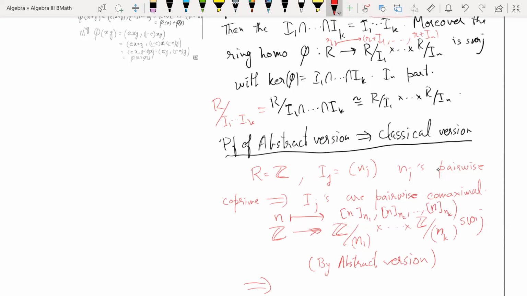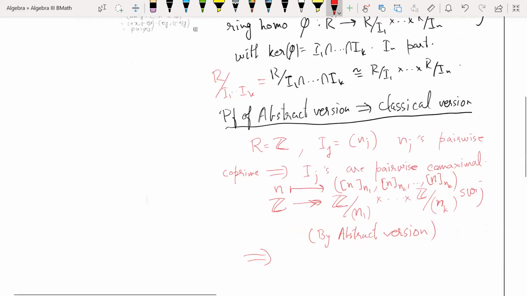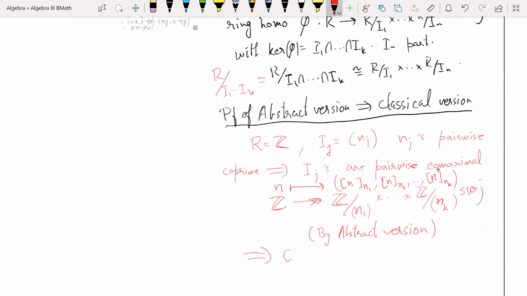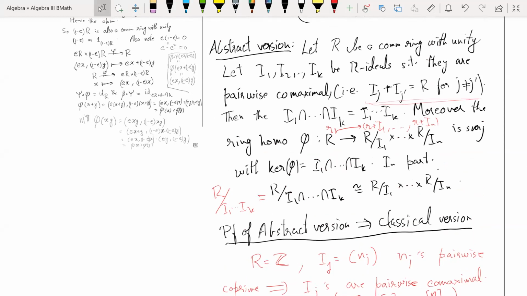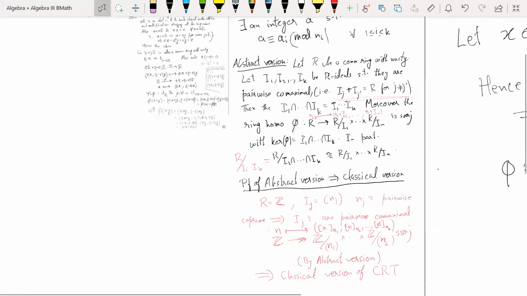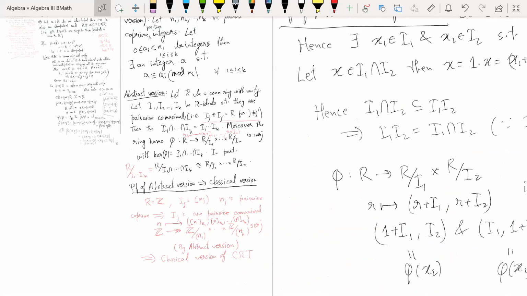This was the map. So this being surjective precisely means the classical version of the Chinese remainder theorem. So we see that the classical version is indeed a special case of the abstract version of the Chinese remainder theorem.